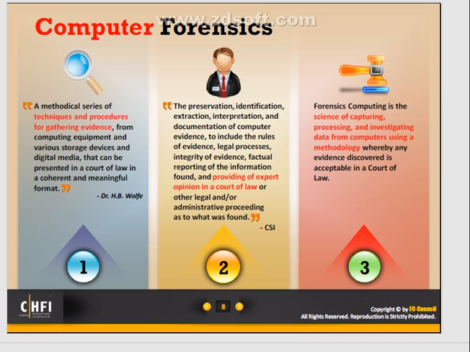Then the second element involves the analysis of that data. Then the third element is the preservation for the presentation of that evidence in the court of law. So that is computer forensics for you.